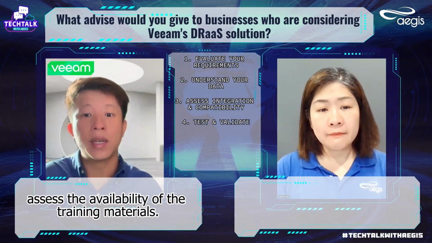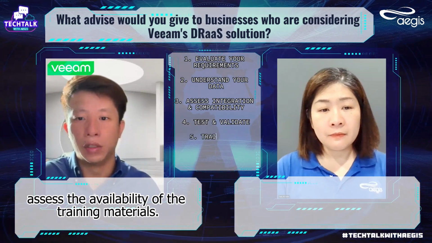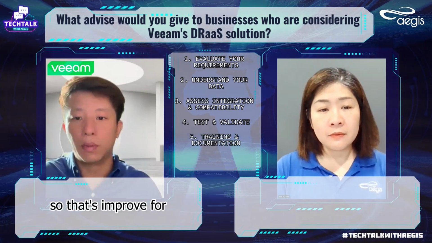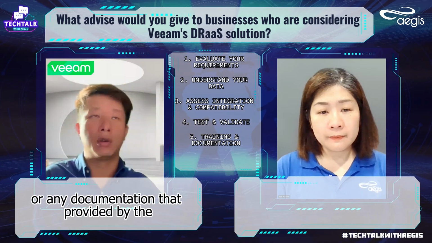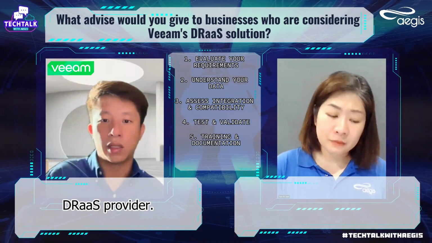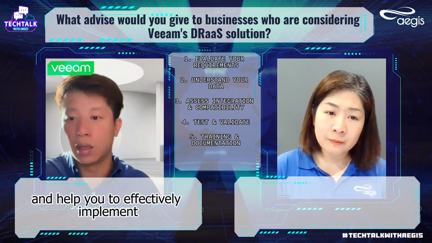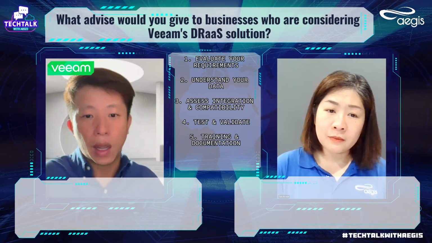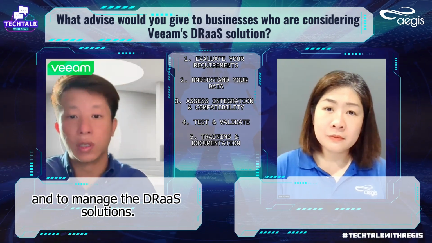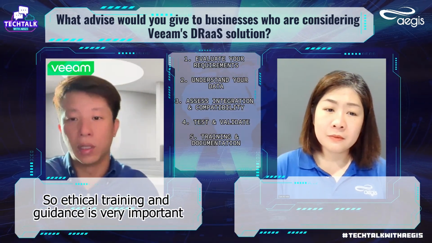And next, assess the availability of the training materials, including any documentation provided by the DRaaS provider. That's important. Then understand what kind of resources you need to help you effectively implement and manage DRaaS solutions. So training and guidance is very important, or most important.